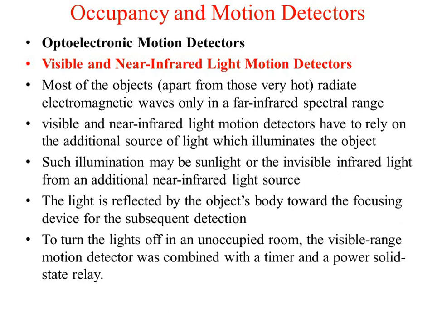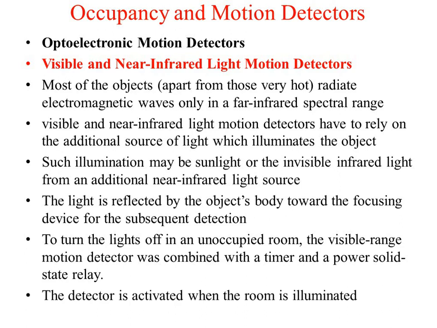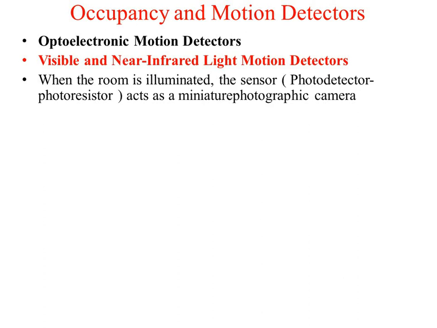If this is the example considered, what will be the condition? The detector is activated when the room is illuminated. The detector is in activated mode when the room is illuminated, that means light is present in the room. Now what will happen?